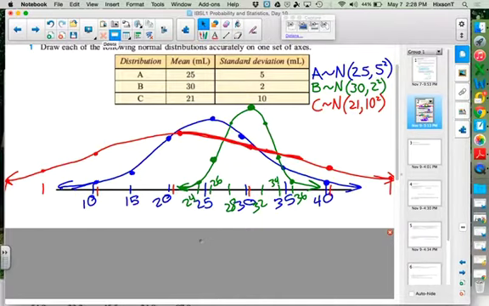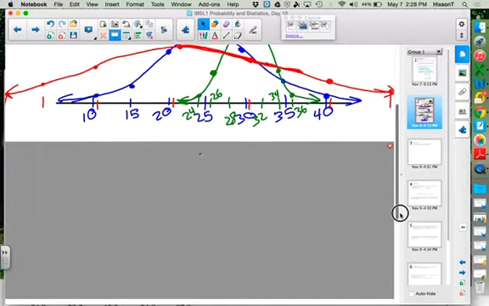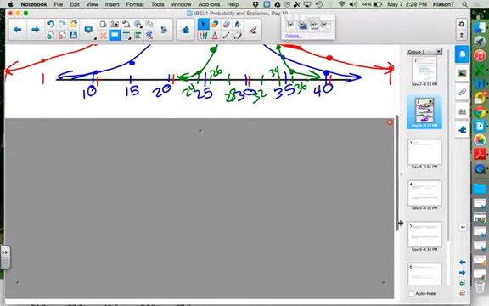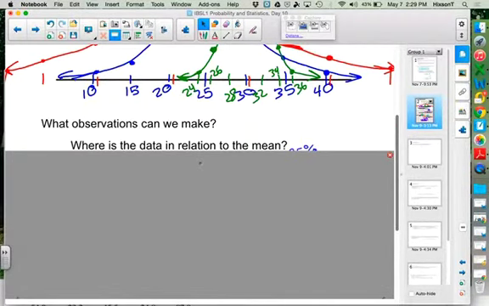So why do we bother getting all of this? Okay, because we can. That's one reason. That's the pure math reason. Okay? Because we can. Alright? We actually can make some observations about where our data is, and also, remember we're talking about probabilities.